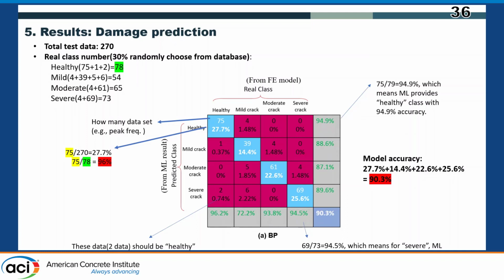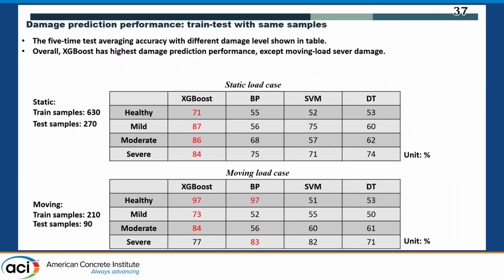And the left bottom, the green one, 96.2%, means this algorithm has the ability to predict healthy condition with 96.2% accuracy. So this is like a summation of the accuracy prediction result for each algorithm and the different classifications.